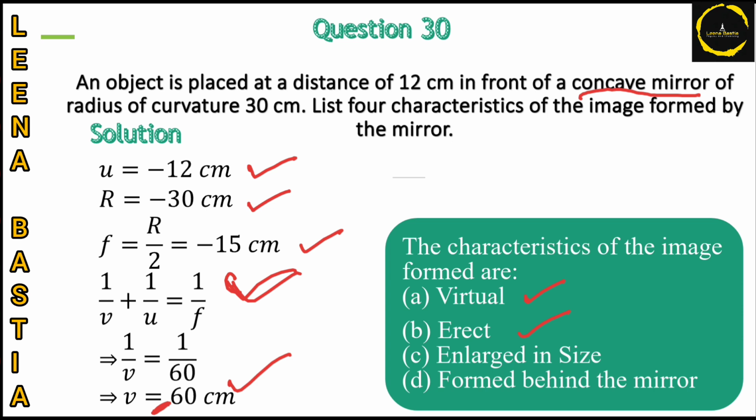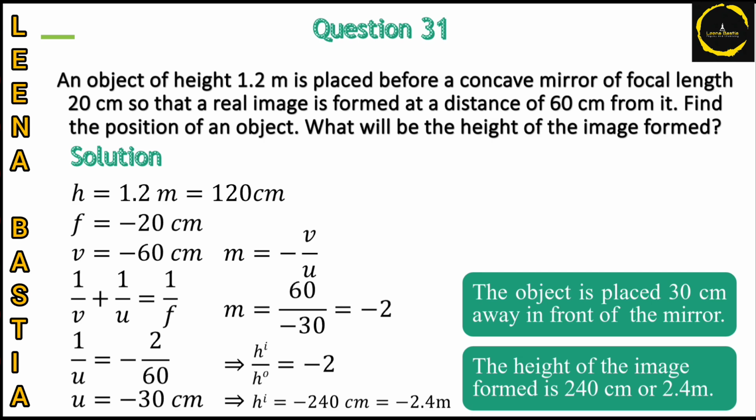So enlarged in size, and because it is virtual, it will form behind the mirror, and thus we got 4 characteristics. Got it? Now let us move to the next question, that is question 31.